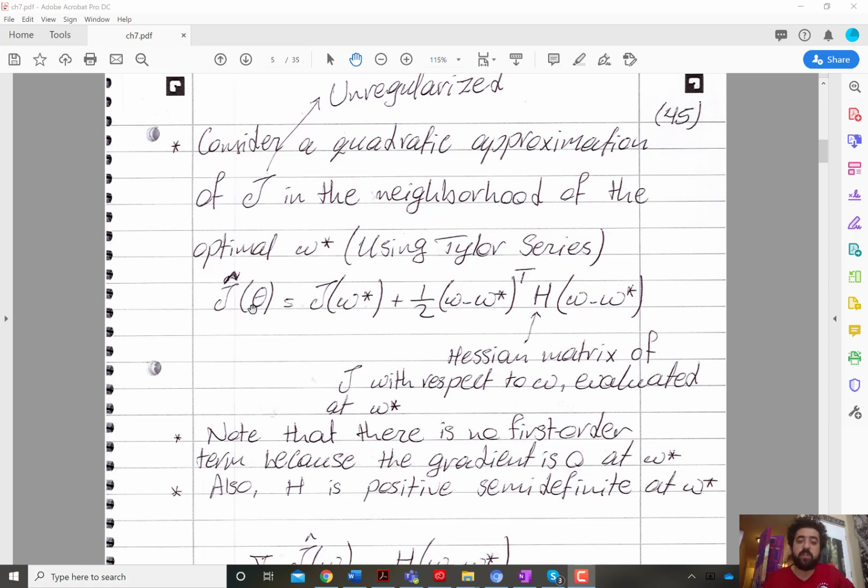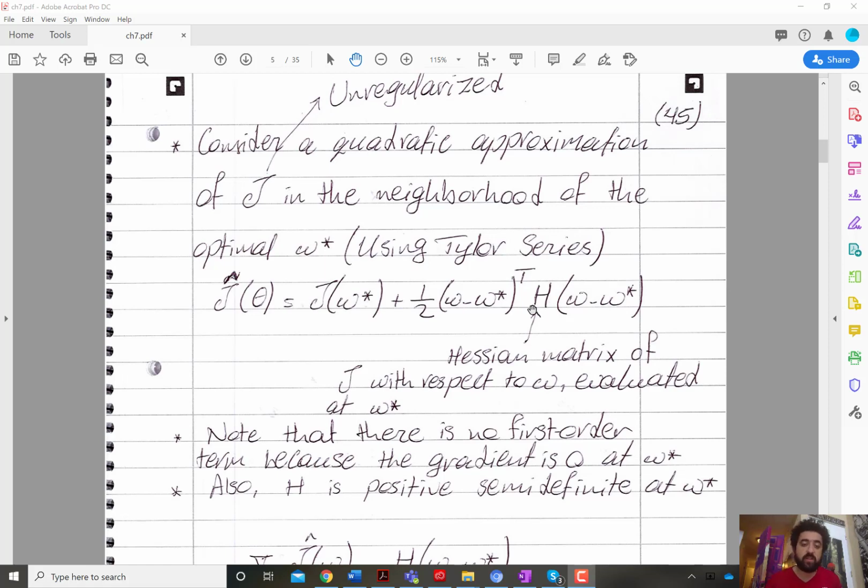So the approximation of the cost function will be given by the cost at omega star plus some factor of the gradient of the cost at omega star, but because we are assuming this is a quadratic function, the gradient at omega star is 0, right? Plus some function that will depend on the second order derivative information, which here in the multidimensional case is given by the Hessian matrix, and this Hessian is evaluated at omega star.